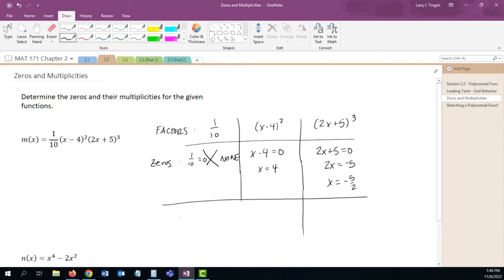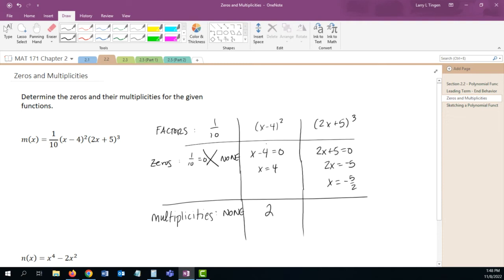So now I've found my zeros, and then I want to find the multiplicities. Okay. So multiplicities, the 1/10 doesn't have one.